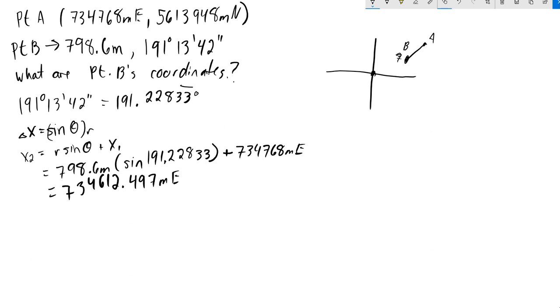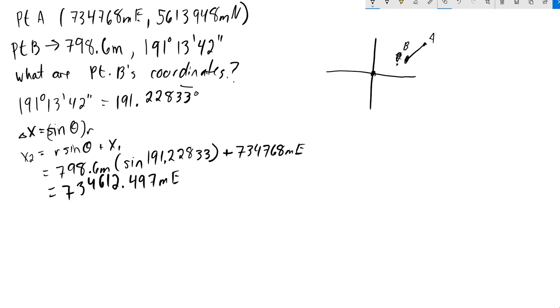Oh, that's supposed to be a question mark. So B is over there. So does it make sense that this value went down by a little bit? Yes, it does, because it should be more down than over with the change in direction. So that makes sense to me.